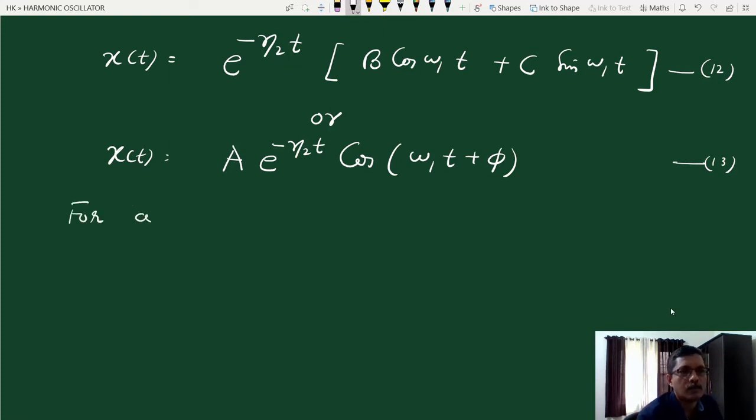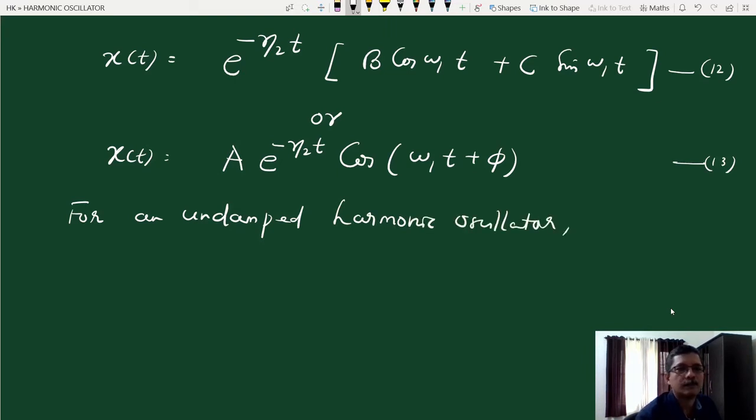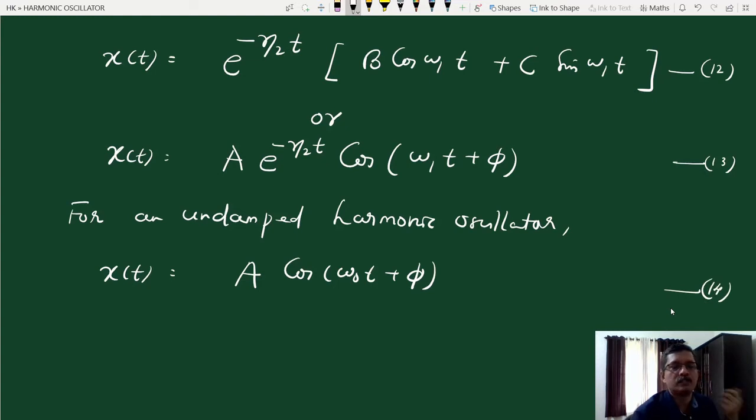For an undamped harmonic oscillator, the expression for position, the solution was A cos omega 0 t plus phi. Let's call it equation 14. Let's compare equation 13 and 14.